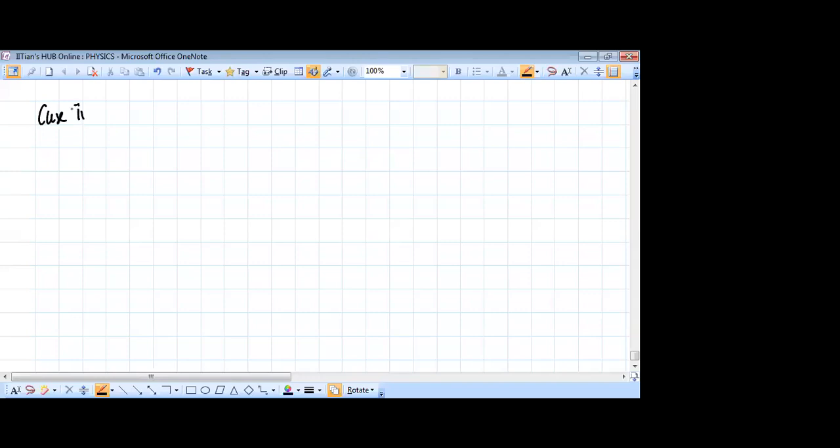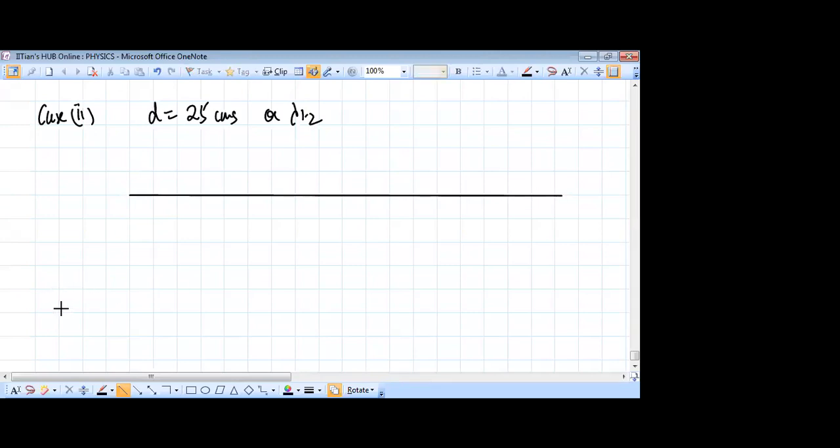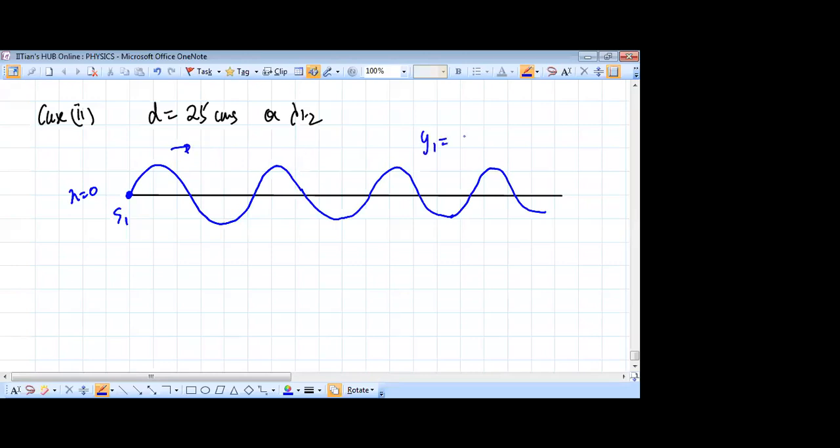If we take case 2, where your d was equal to 25 centimeters or lambda by 2, you can see that in this case, suppose my source S1, which is located at x equal to 0, is creating a wave like this, which is y1 equal to E1 sine omega t minus kx, where this is one full wavelength, and this was equal to 50 centimeters.